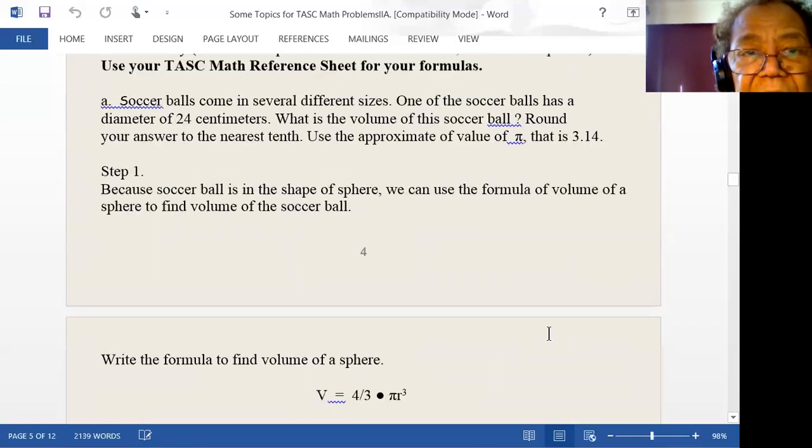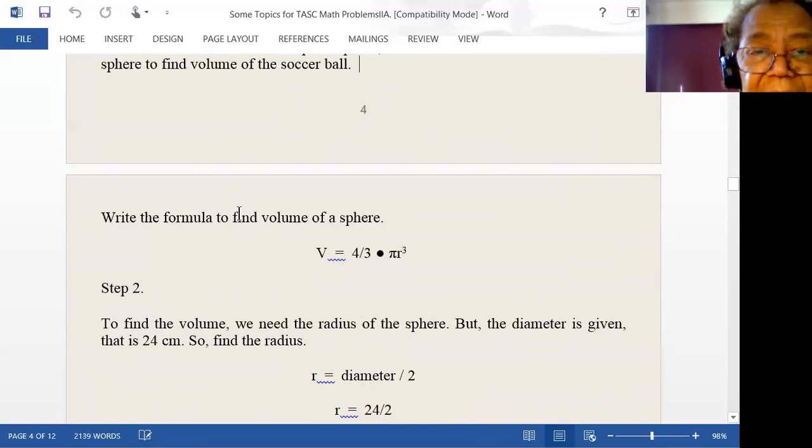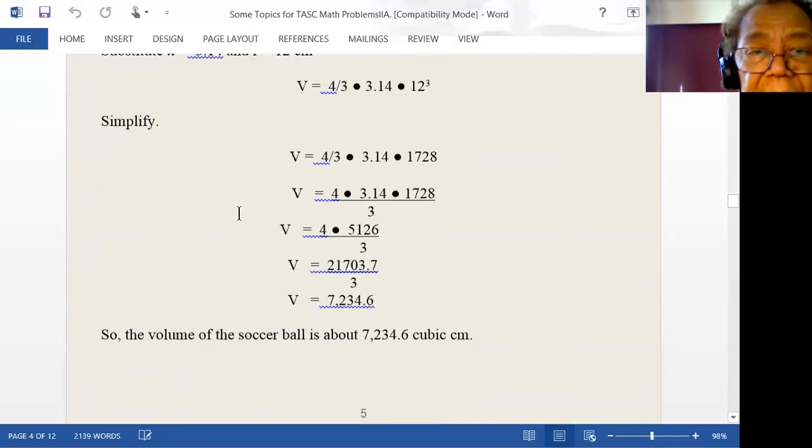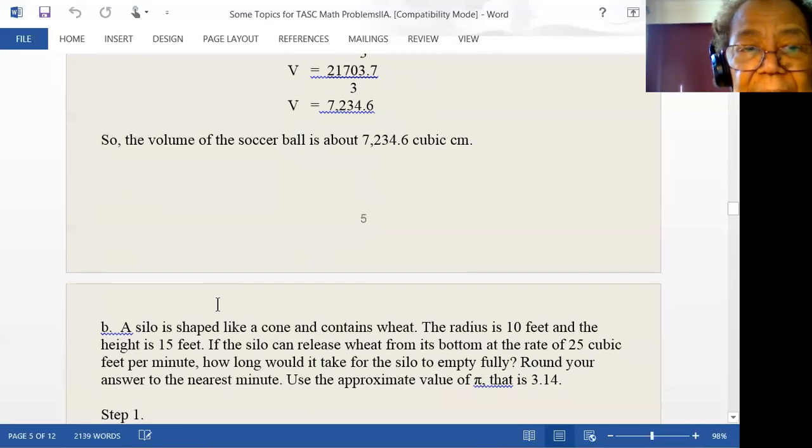Sometimes it specifically tells you what to round to. Right here, round your answer to the nearest 10th. So we expressed it as 7,234.6. That's to the nearest 10th.